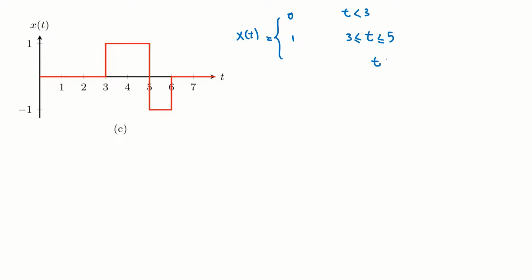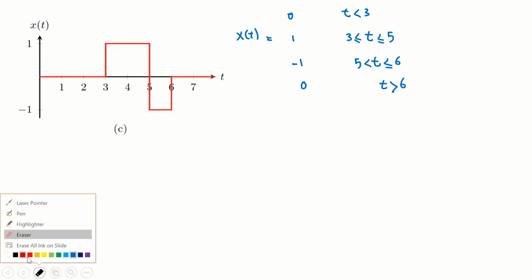For the interval between 5 and 6, the value of the signal is -1. And for the time interval after 6, the value of the signal is 0.